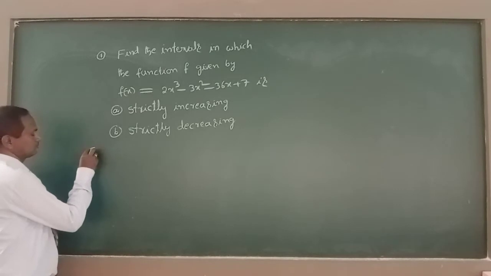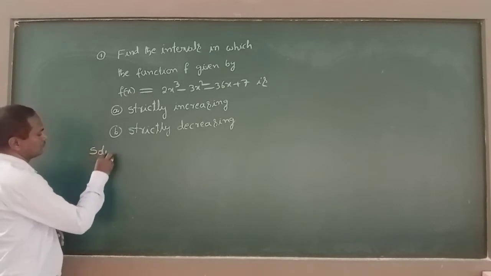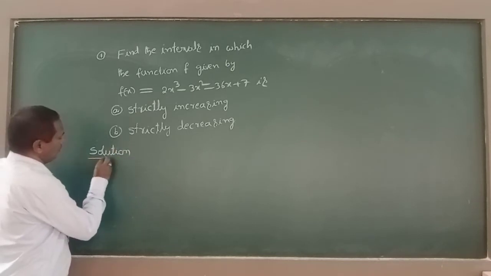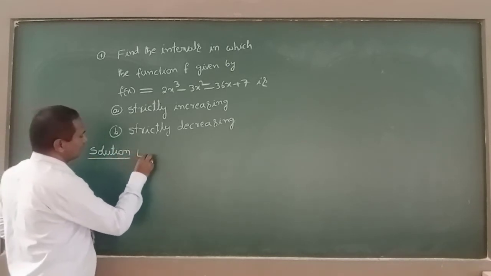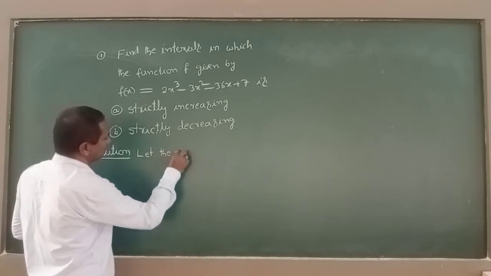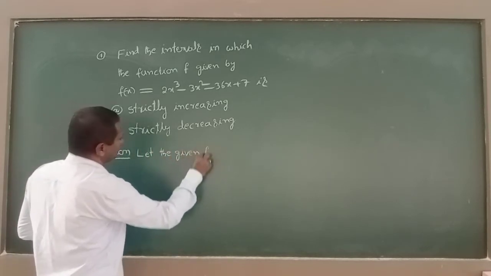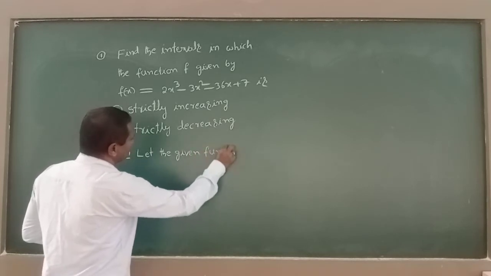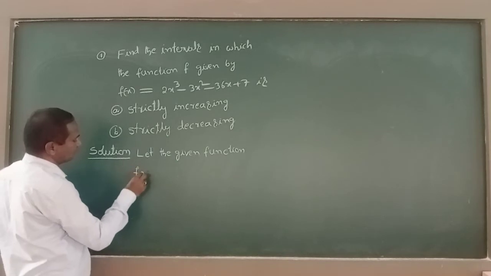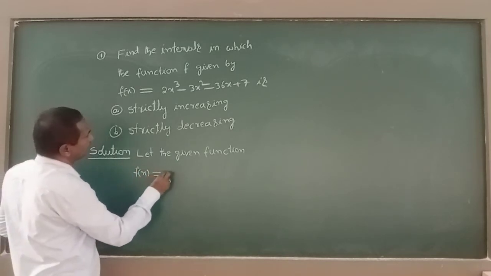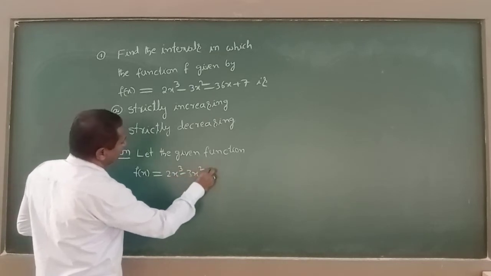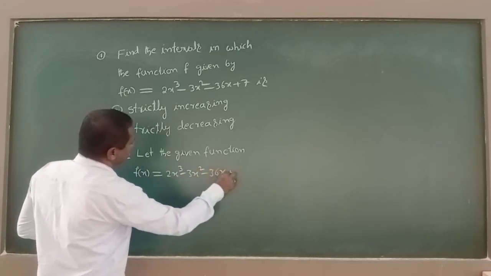Solution: let the given function f of x be equal to 2x cube minus 3x square minus 36x plus 7.